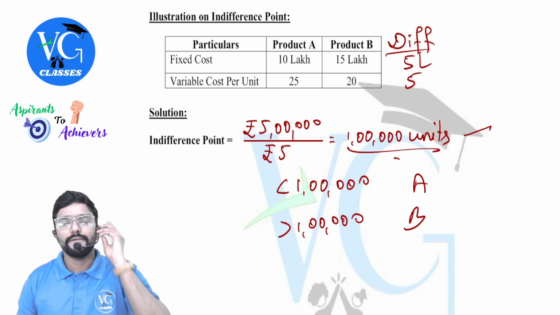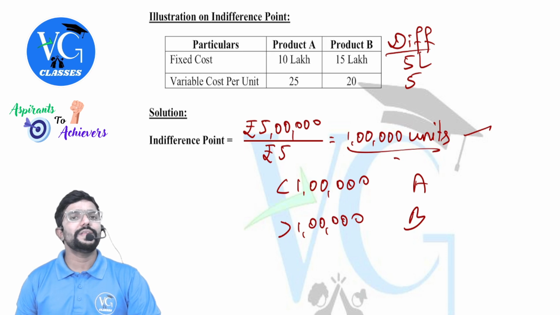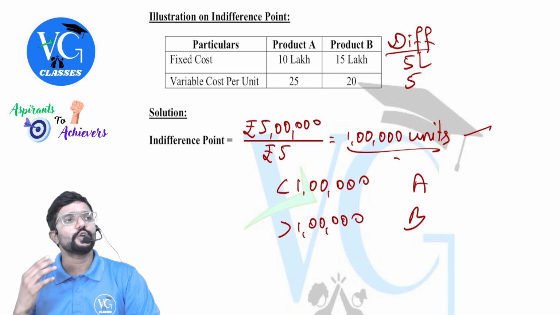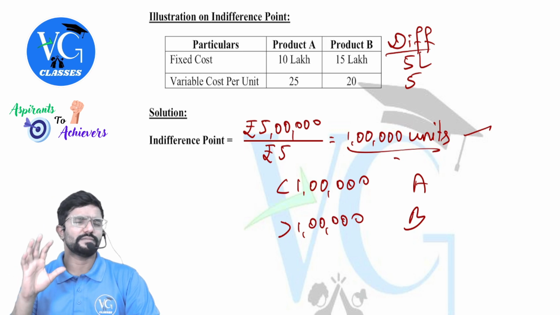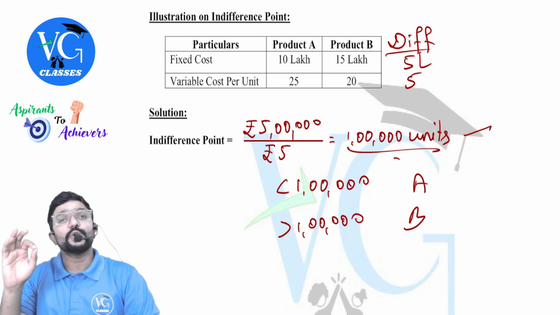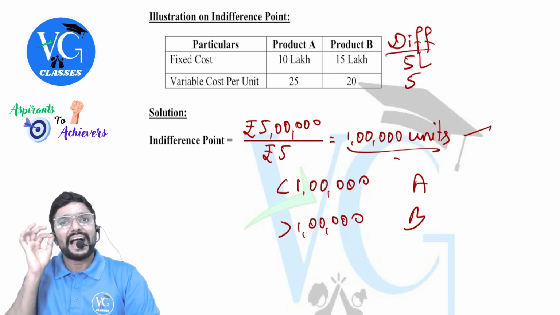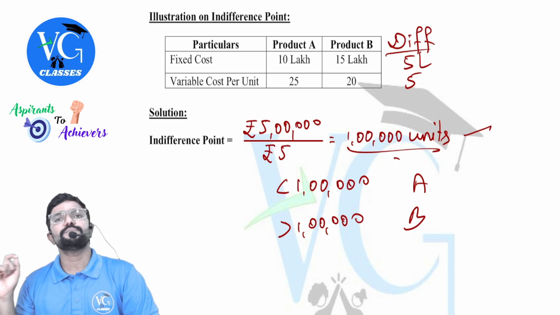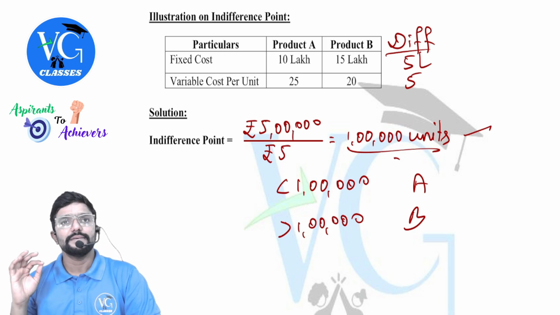Take down below that, guys. When the sales or activity is less than 1 lakh units, choose a product with lower total fixed cost and higher variable cost per unit.